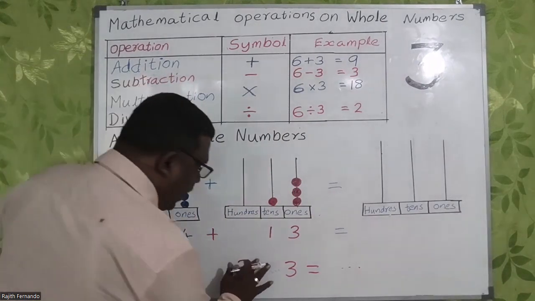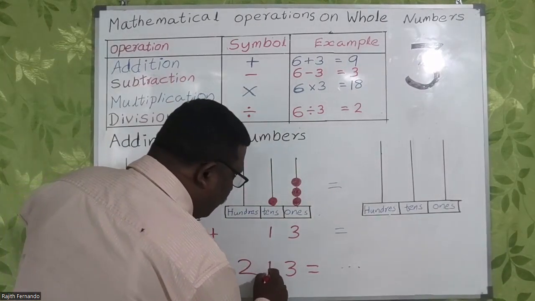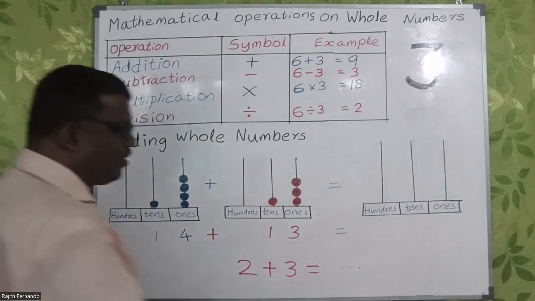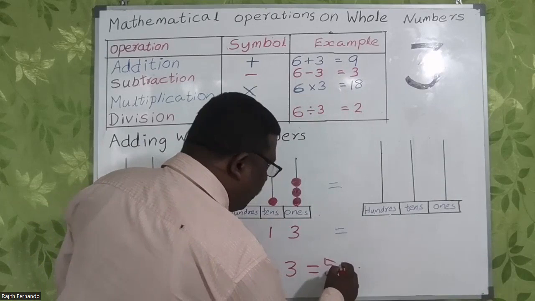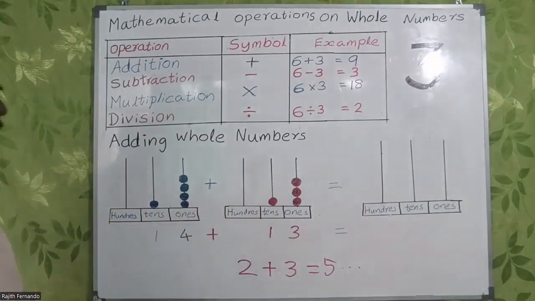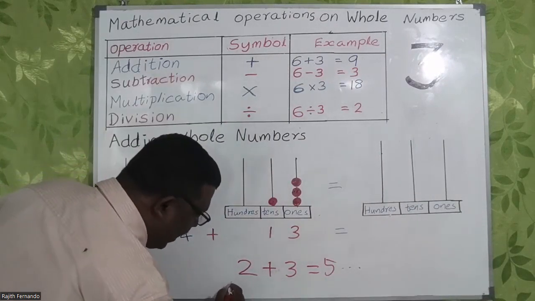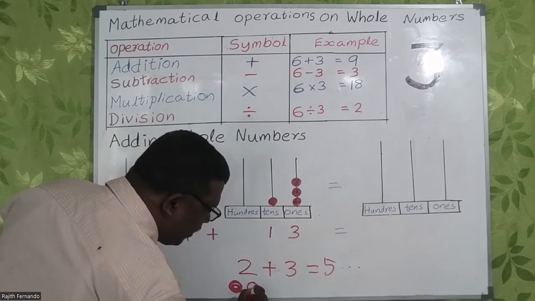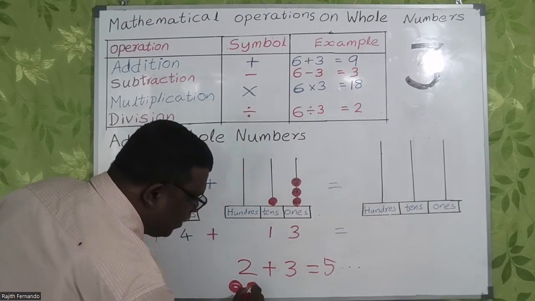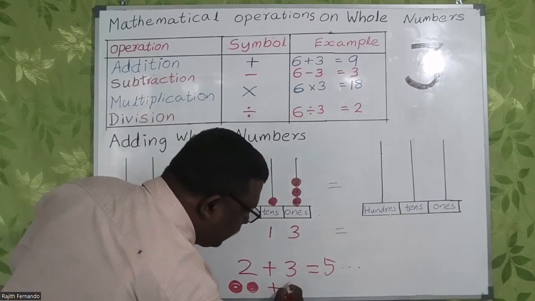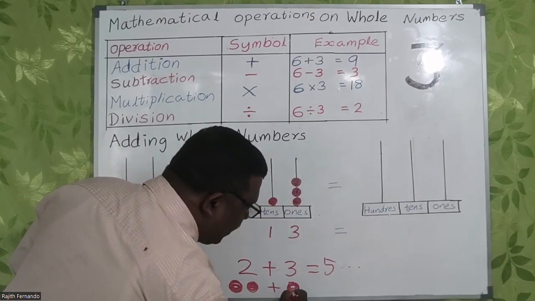You should add 2 to 3. Then you get the answer 5, because in your hand there were 2 apples, and your brother had 3 apples.